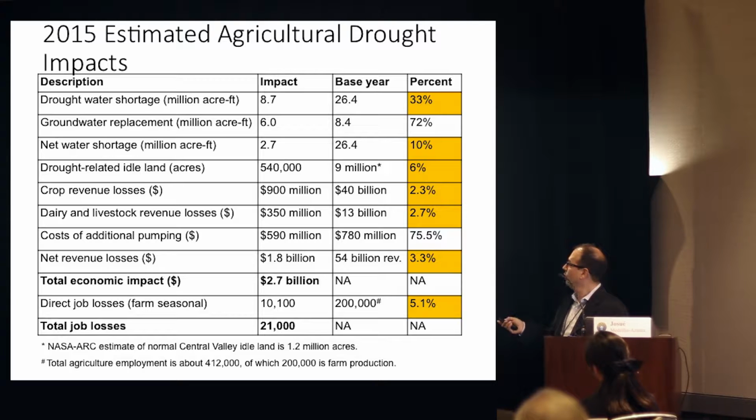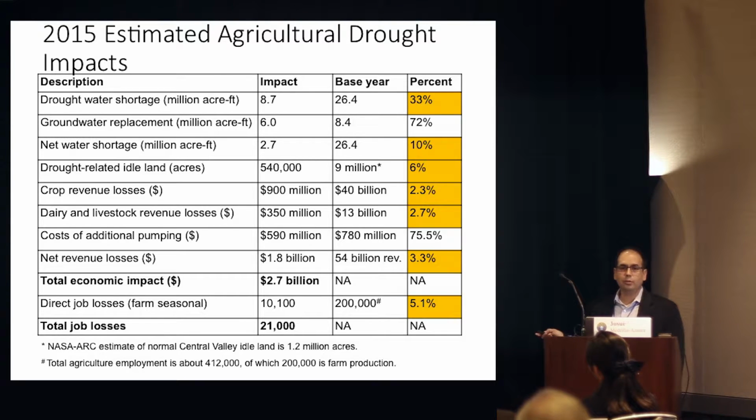So this costs about $900 million in crop revenue losses, and about 550 thousand acres of fallow land. We also have some losses for livestock and dairies of about $350 million, and increased pumping costs as a result of this.